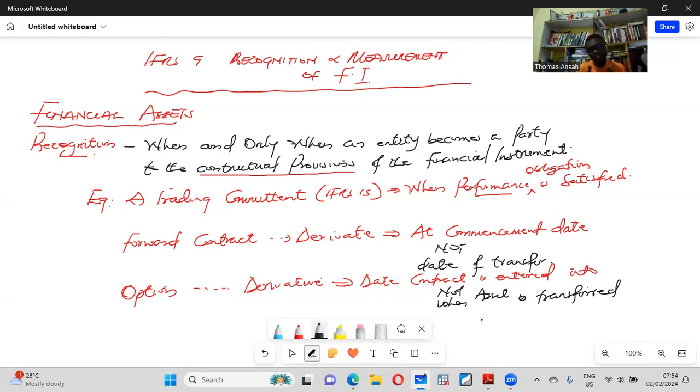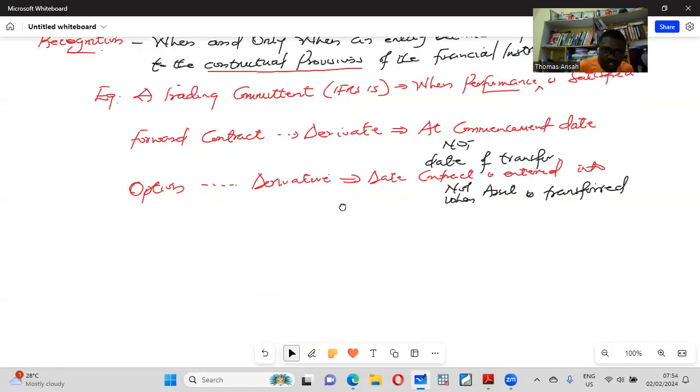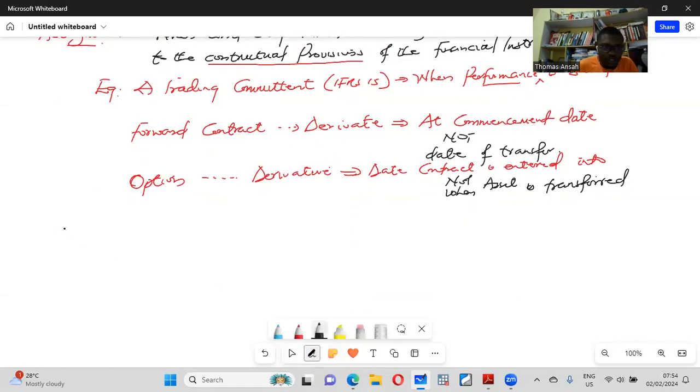No. So these are the recognition criteria for a financial asset. What about the measurement? That is where the big issue is. So let's talk about measurement. So every measurement, we have the initial measurement and we have the subsequent measurement. So let's talk about initial measurement.